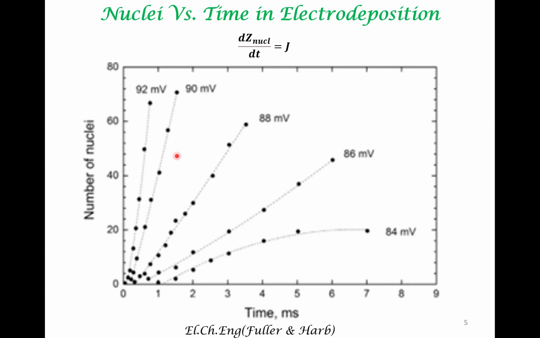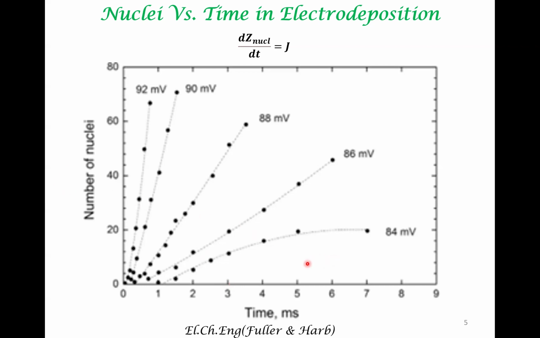With such kinds of experiments, you can measure the number of nuclei with respect to time. Because at some particular time point, you abruptly bring down the absolute magnitude of the overpotential, so that there are no longer new nuclei formed.